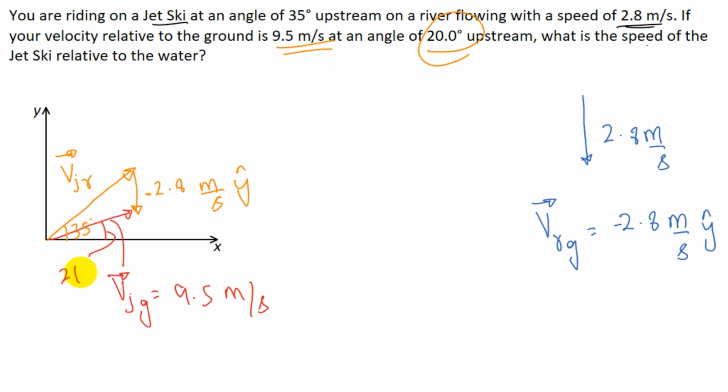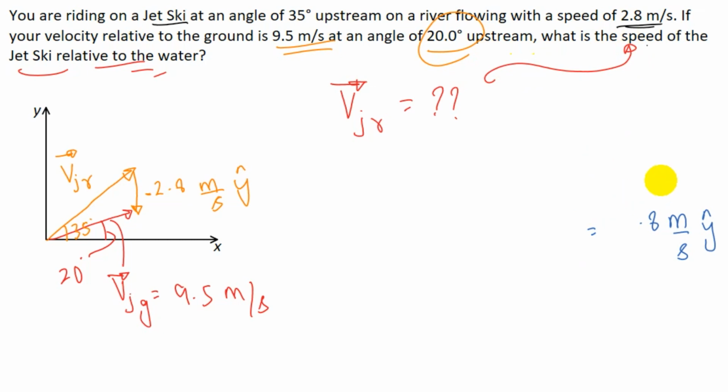This is the question that we are given. Now what they are asking is the speed of the jet ski relative to water. So what we need to calculate is the velocity of jet ski relative to the river, basically water, and the magnitude of the velocity will be the speed.